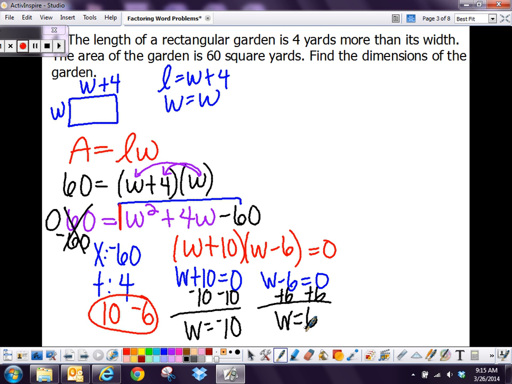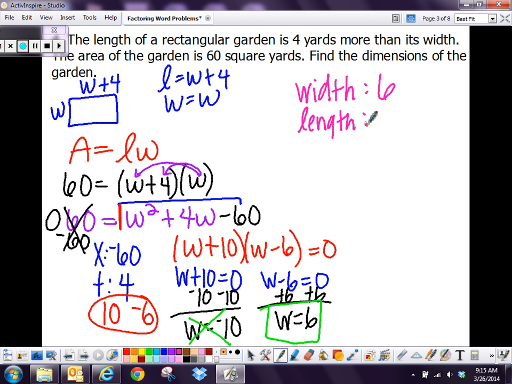Now again, we're talking about measurements. So I don't really care that W is negative 10 because measurements can't be negative. So I want to use the width of 6. So now I know my width is 6. And to get my length, I'm going to look back at what the problem told me.